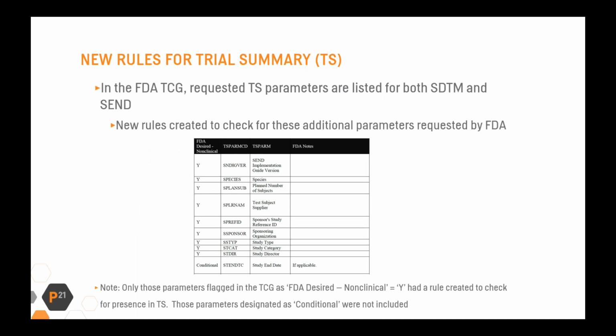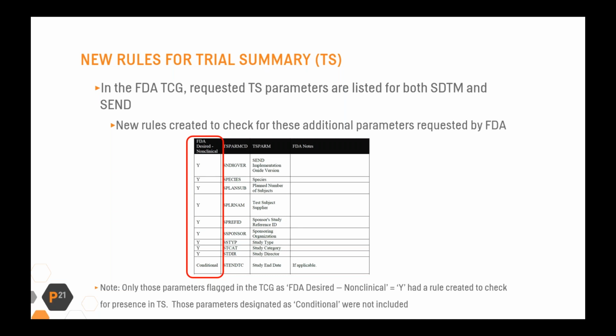We created several new rules based on what's in the FDA Technical Conformance Guide. Most of these are listed in the SEND IG, but they're just not designated as should include in the implementation guide, but here in the Technical Conformance Guide, they're considered FDA desired.